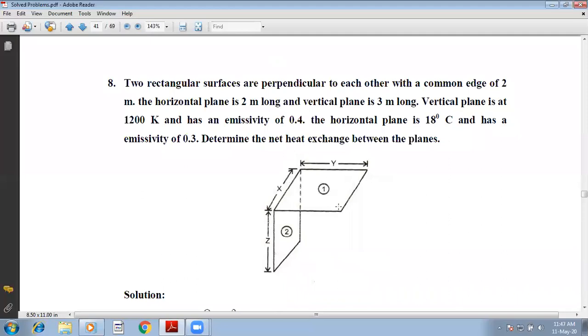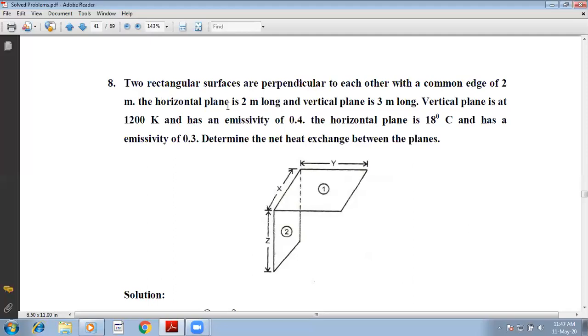You can have different cases. The phases could be opposite to each other. The phases could be perpendicular to each other. In this case, the phases are at right angles to each other.